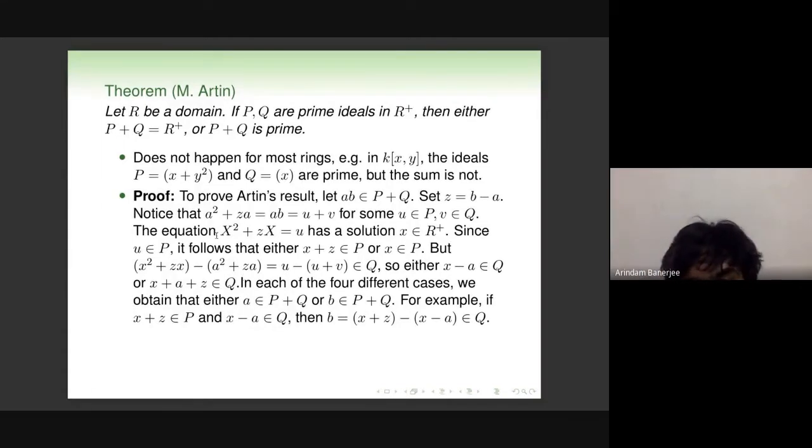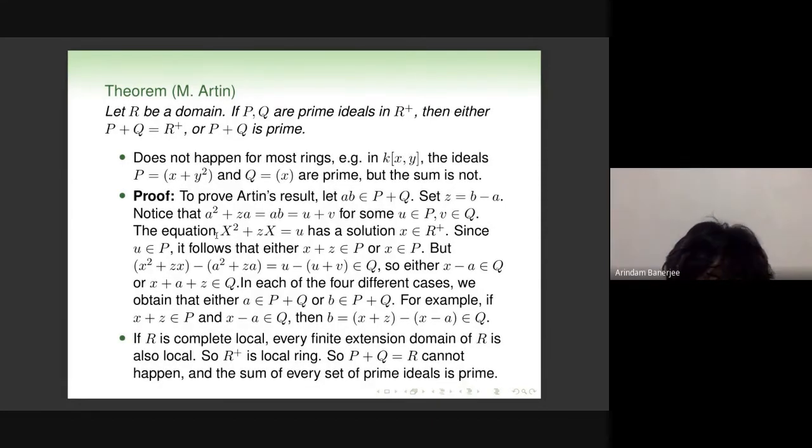So in each of the four possible cases, we obtain either A is in P plus Q or B is in P plus Q, giving us the result we are looking for. For example, if x plus z is in P and x minus a is in Q, then B equals x plus z minus x minus a, which is inside P plus Q. You can do the other cases in this way.